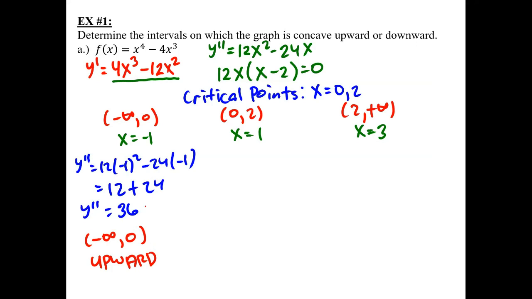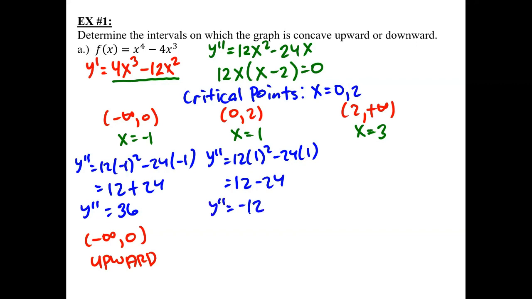So the interval negative infinity to 0 will have a graph that is concave upward. Next we have the interval 0 to 2. y double prime is equal to 12 times 1 squared minus 24 times 1. 1 squared is 1 times 12 is 12, minus 24 times 1 is negative 24. 12 minus 24 is negative 12.